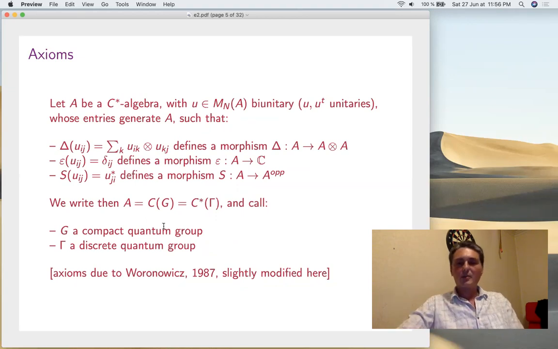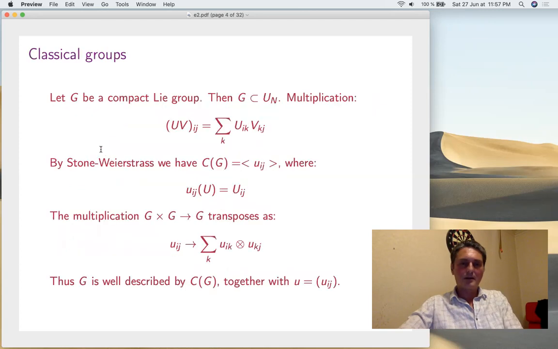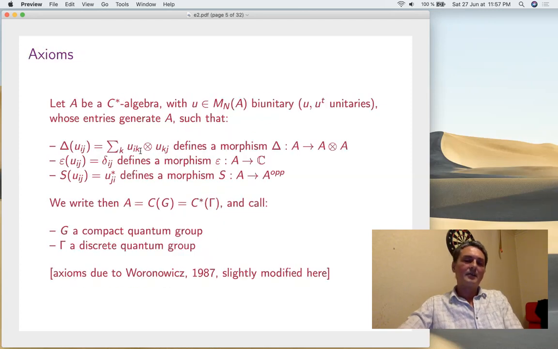We take a C-star algebra with a unitary matrix whose transpose is unitary too. That's what's called a biunitary matrix, whose entries generate A, such that we have maps like this. So delta, this is the formula that we had before, right over here, bottom. And then this is somehow the multiplication of your quantum group.